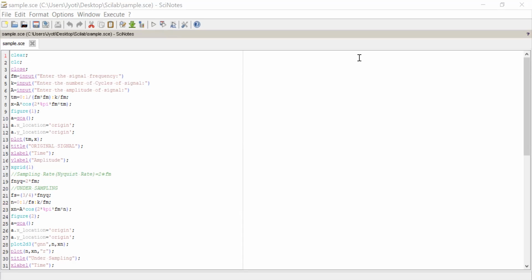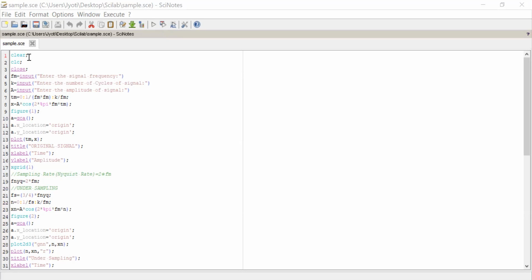Today we're going to see the experiment on sampling theorem in Scilab. We start with the basic instructions like clear, clc and close. CLC will clear the command window, clear will clear all the variables in the browser window, and close will close all the figures previously in the window.